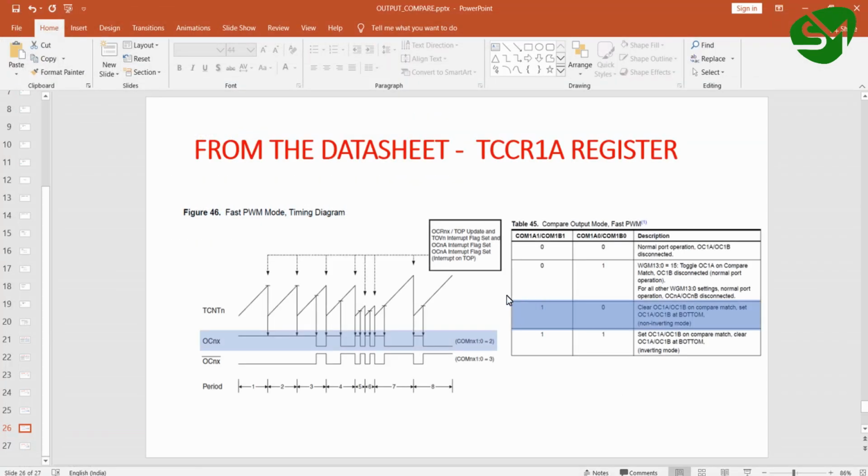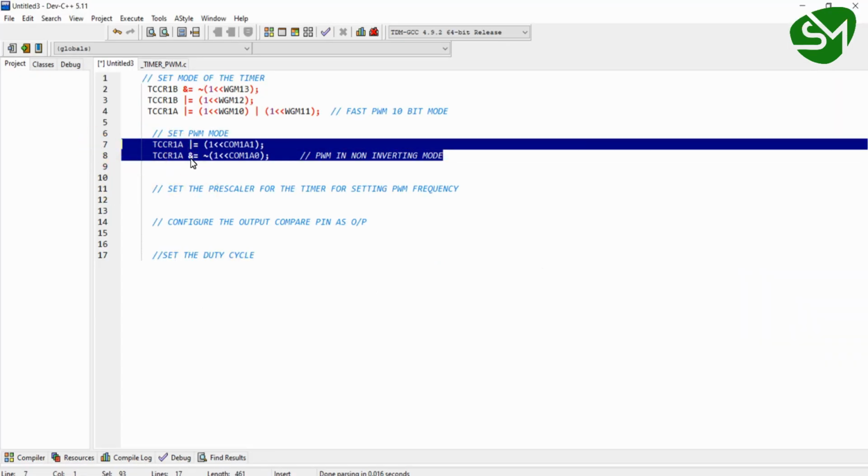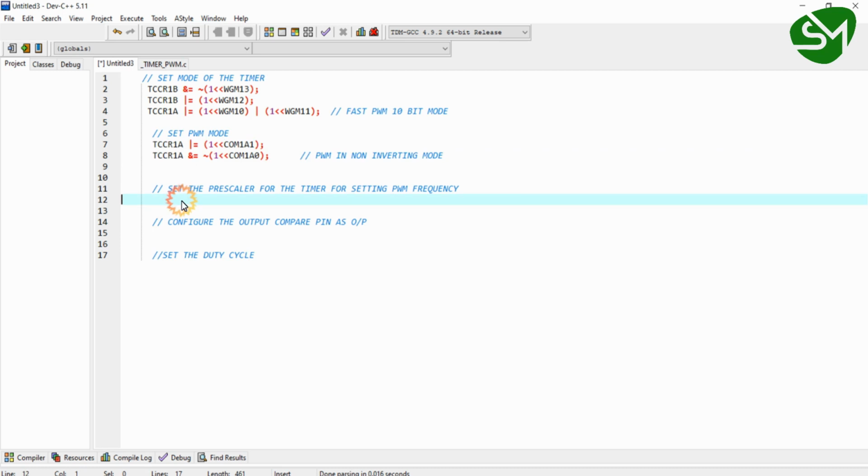So I'm just going to set the COM1A1 bit and clear the COM1A0 bit. So I have set the non-inverting mode in PWM. Next, we want to set the prescaler for the PWM frequency. I have decided to generate PWM waves of 250 kilohertz. My system clock frequency is 16 megahertz.